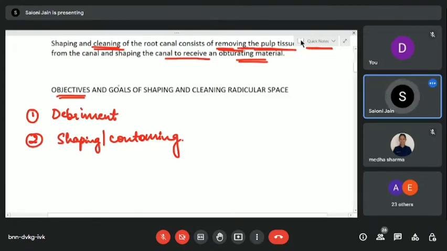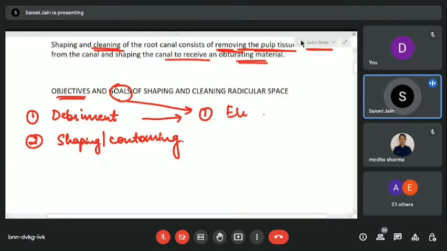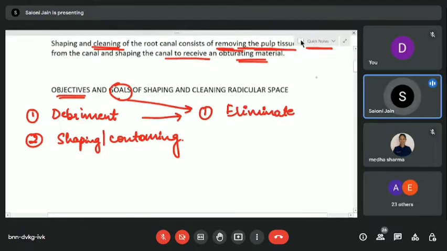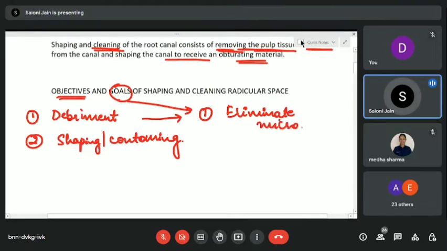And the goals of shaping and cleaning the radicular space include, firstly, that when you debride, you have to make sure that you eliminate all microorganisms. When you clean, debride or disinfect the canal, you need to take care that you eliminate all the microorganisms.